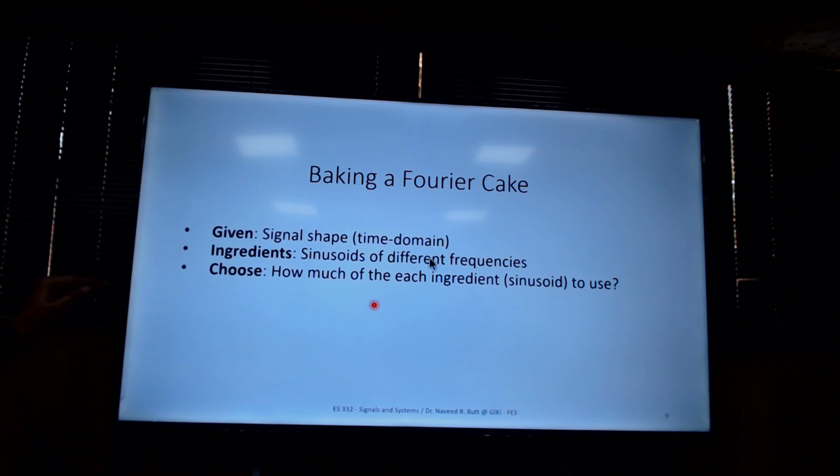Here you are restricted. You can only use sinusoids. They should not be decaying, they should not be growing. The only thing you can play with is their frequency.